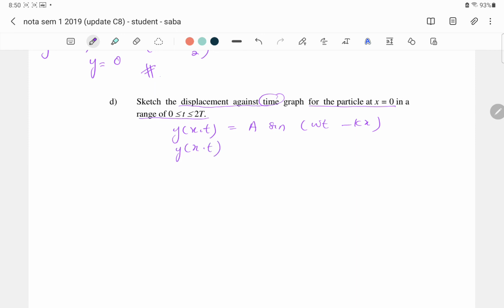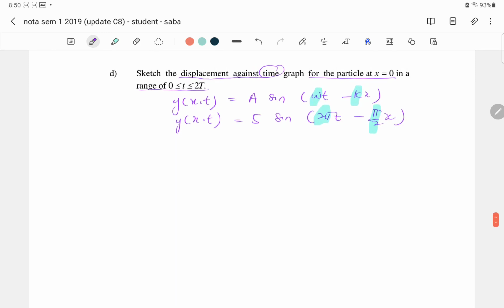Y x t equal to 5 sine 2 pi t minus pi over 2x. So remember here your omega is 2 pi and your k is pi over 2. Okay, so then here for x equal to 0, so y 0 t 5 sine 2 pi t.